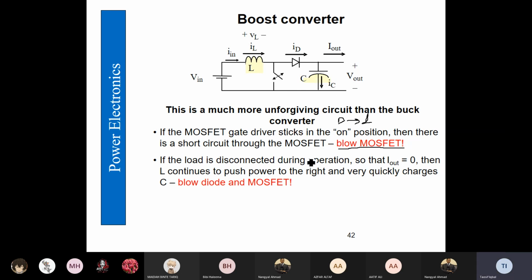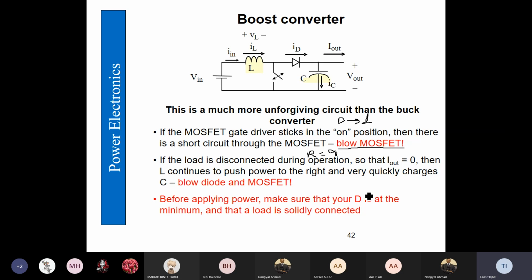So in case there is R infinity, that is, the load side becomes open. Okay? So therefore we have to make sure these two things never happen. We have to connect the load with the boost converter solidly without any loose connections, and secondly we have to make sure that the duty cycle is never approaching unity.